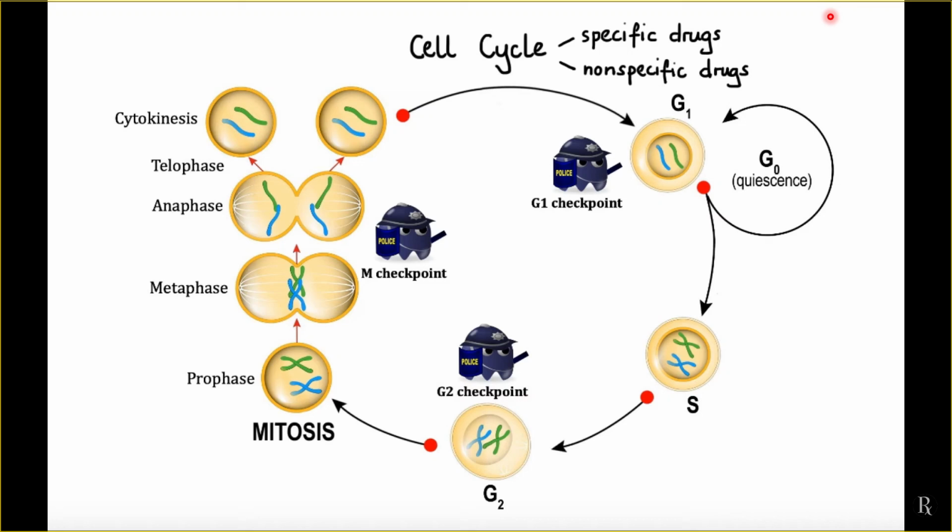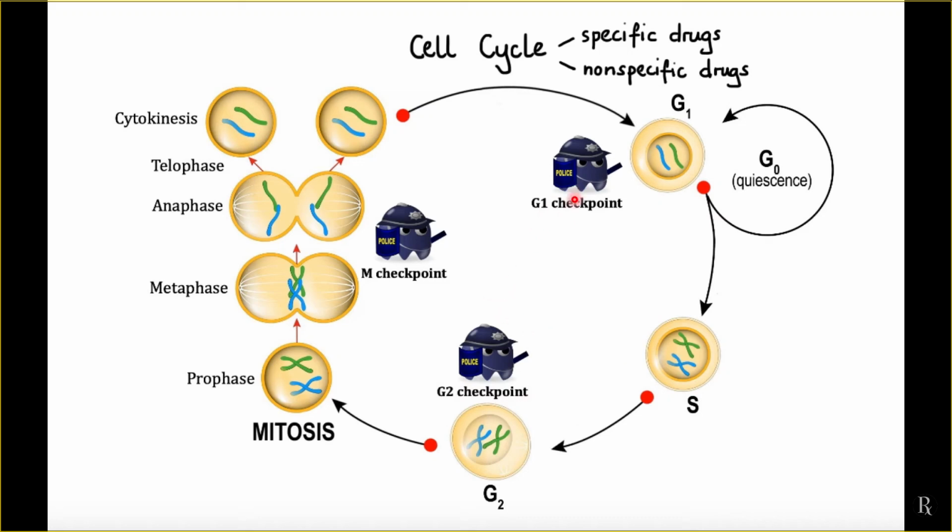And to ensure that every cell that is produced during this cell cycle is an identical copy of the previous cell, the mother cell, there are 3 checkpoints that will ensure that everything goes okay, there are no abnormalities or mutation occurs or something bad happens with the cell.